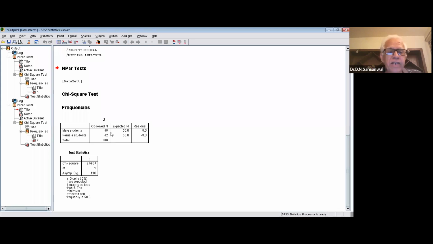So your males are 58 and females are 42, and the chi-square value is 2.56. And error is 11%, so it is not significant. That means males and females, their observed frequencies do not differ significantly from the expected frequencies.